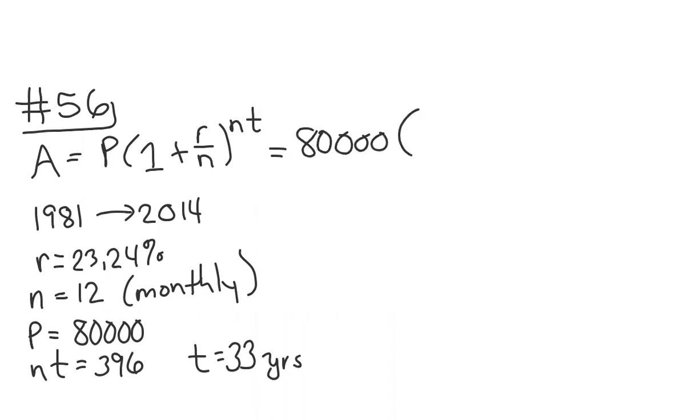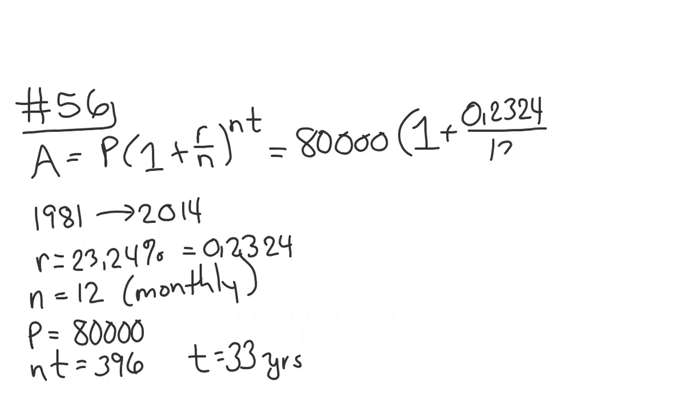80,000 times 1 plus 0.2324 divided by 12, raised to the exponent 396. When I stick this in the calculator, I type 80000 times parenthesis 1 plus 0.2324 divided by 12 in parenthesis caret 396, hit enter.